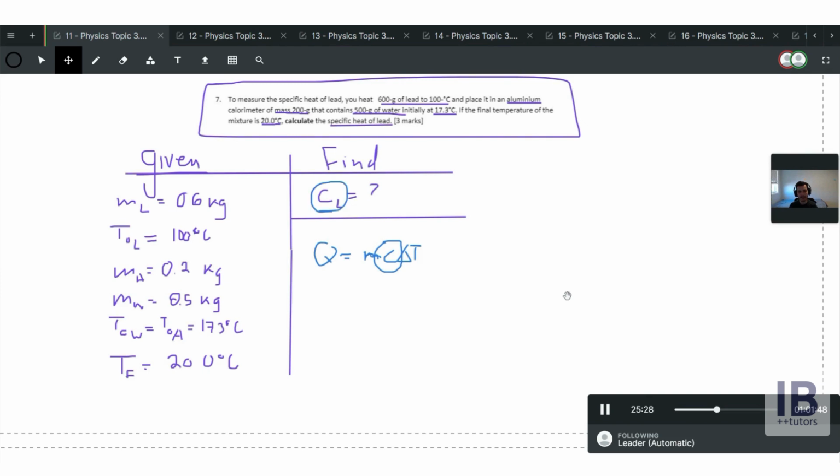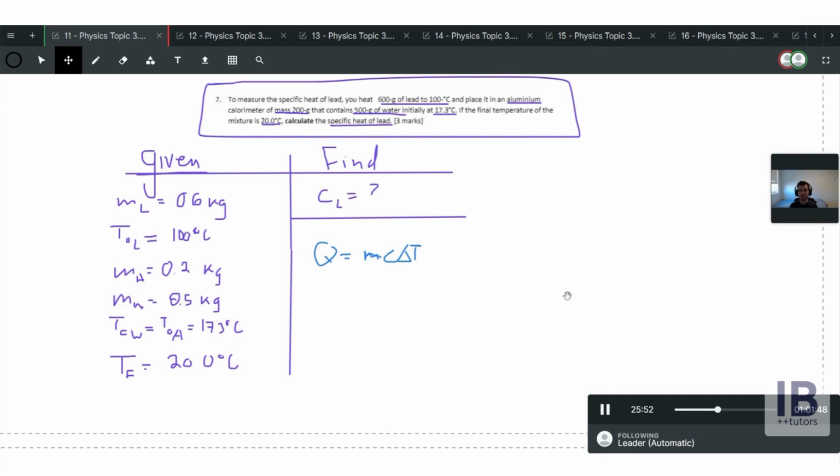Because what you're telling me is that this CL is this. You need to find the specific heat of lead. What's the difference between specific heat and specific heat capacity? Nothing, I think. I think it's just another way of saying it. Yeah, that's it. I'm confused.